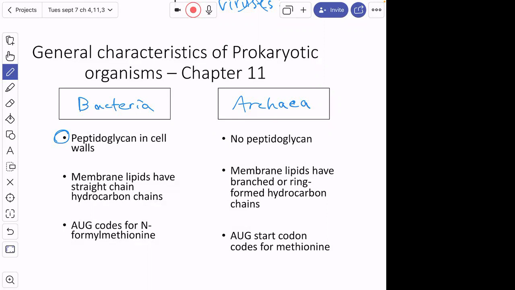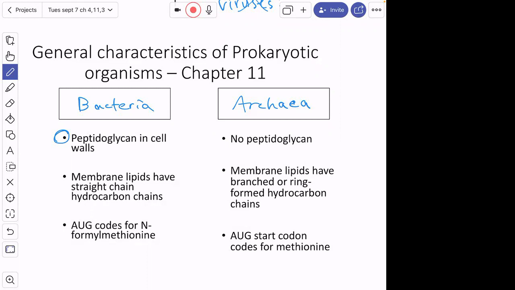Archaea do not have peptidoglycan. They sometimes have something kind of similar. There's a lot of variation there, but it's not the same thing. And of course, any eukaryote that has a cell wall, like a plant or a fungus, doesn't ever have peptidoglycan. So that's something that's really unique to bacteria.